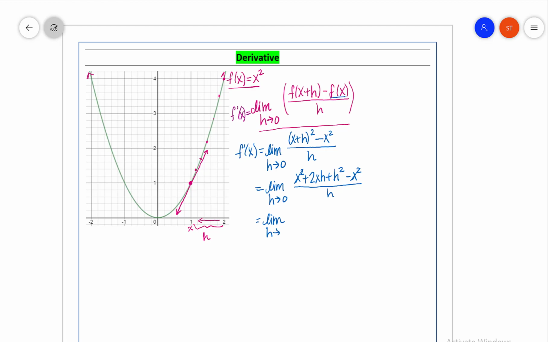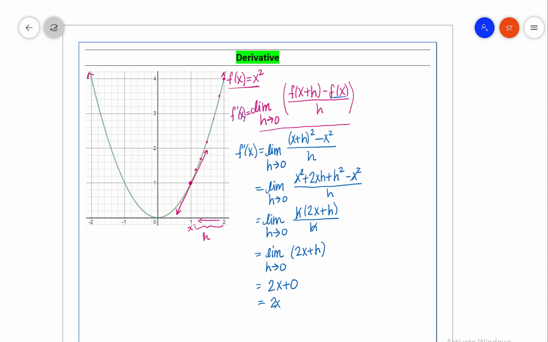Now I want to get it so that there's no h in the denominator. There's also an h we can factor out of the numerator. So we have 2x plus h left over if I factor out the h. Then divide out the h's. And now this is really nice because the fraction went away and we can plug in the 0 for h. We have 2x plus 0, which is 2x.